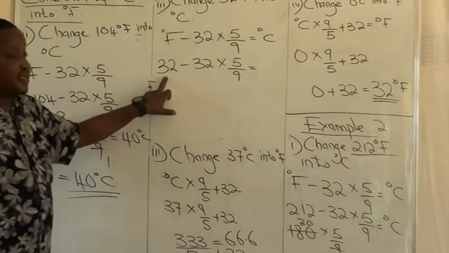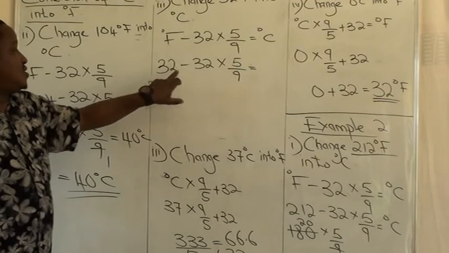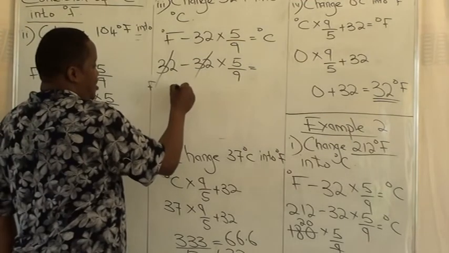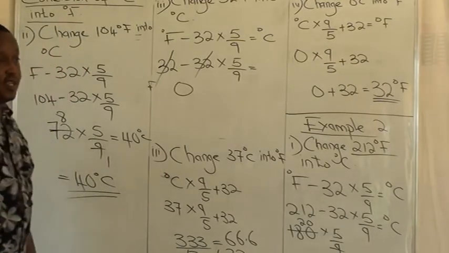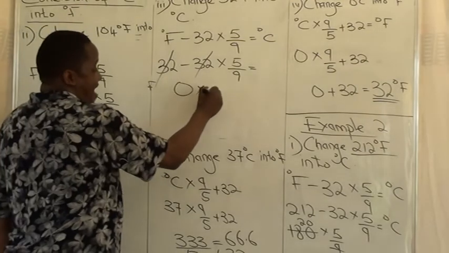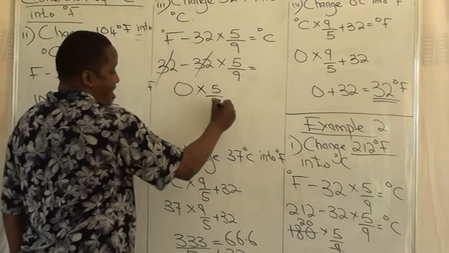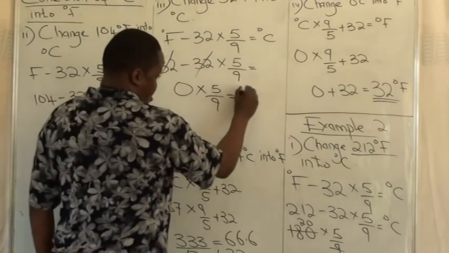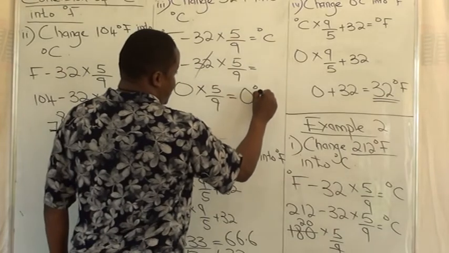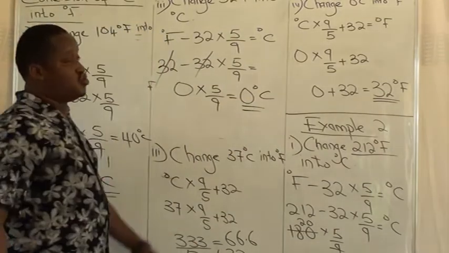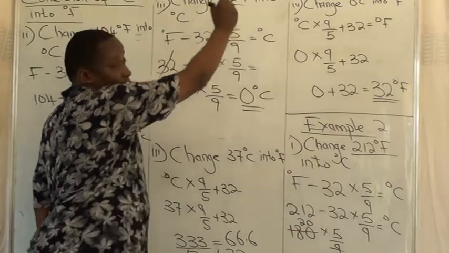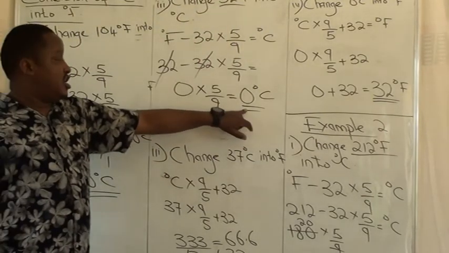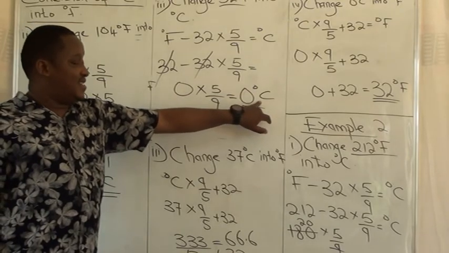So this is 32 minus 32. This is addition, this is subtraction. So they cancel each other. We end up with a 0. So 0 multiplied by 5/9 is automatically a 0. So you can see 32 degrees Fahrenheit is equivalent to 0 degrees centigrade.